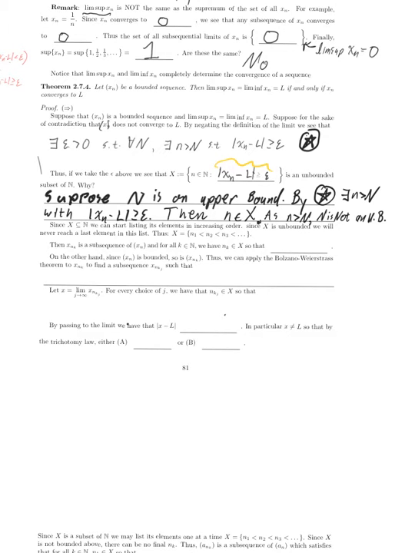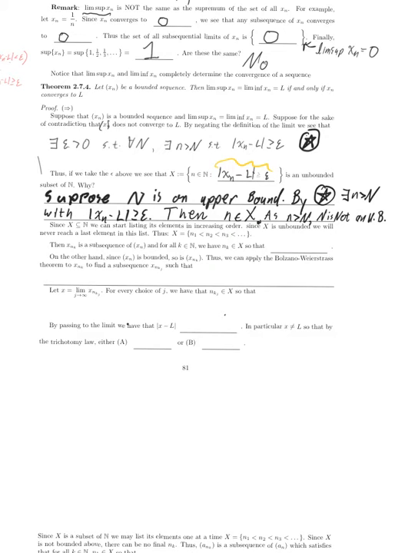Well, x sub n sub k is then a subsequence of x sub n, and what do I know? I know that for every k in N, n sub k is in the set X, because n sub k is by definition the kth element of the set X. And what does that mean?